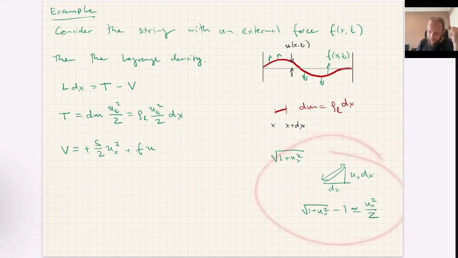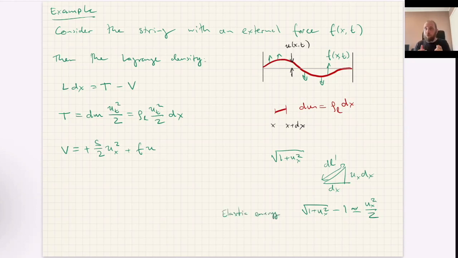Okay. So if I want to know how much elastic energy is in this small piece of string, I want to know essentially what the length is here. Let's call this the dL prime. So the elastic energy is going to be given by the tension multiplied by the stretch.